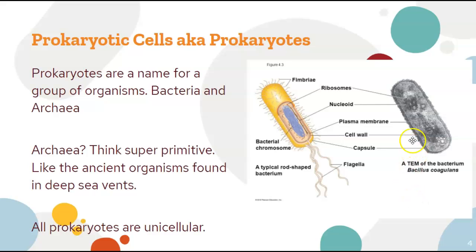They're all surrounded by a cell wall on the outside, and right inside that cell wall is a cell membrane. Sometimes that cell membrane is called the plasma membrane. Okay, they're synonyms. Okay, there is no nucleus in a prokaryote. They do have DNA, but the DNA is just free floating in the cytoplasm.